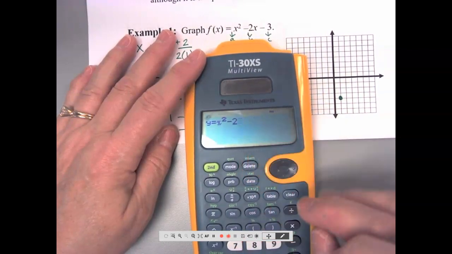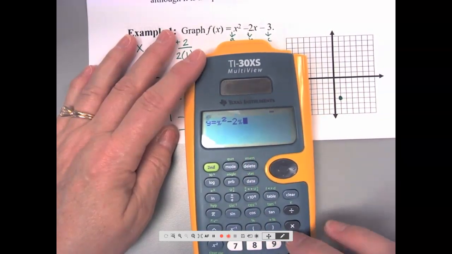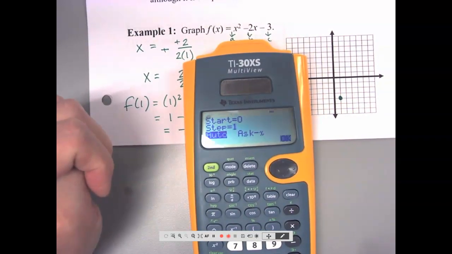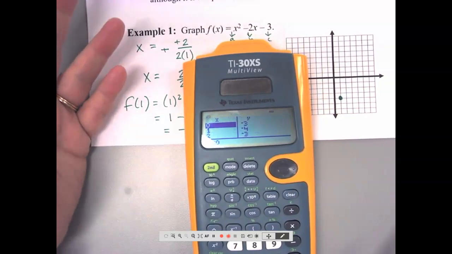And then just keep pushing enter until we get a nice little table of values.